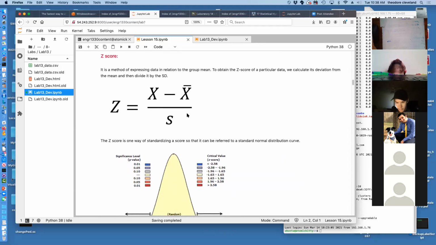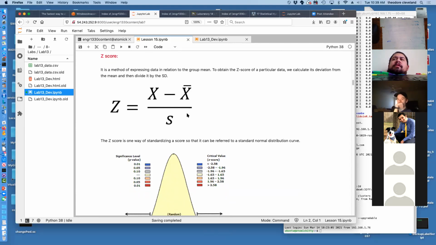There's a metric that we can compute of an observation called a z-score. It's a method of expressing an observation relative to some group mean value and some group standard deviation.